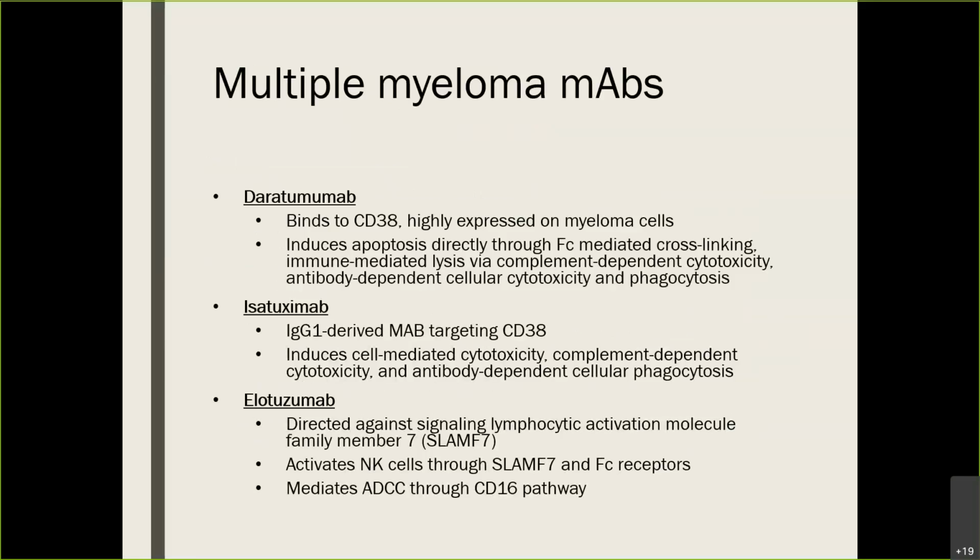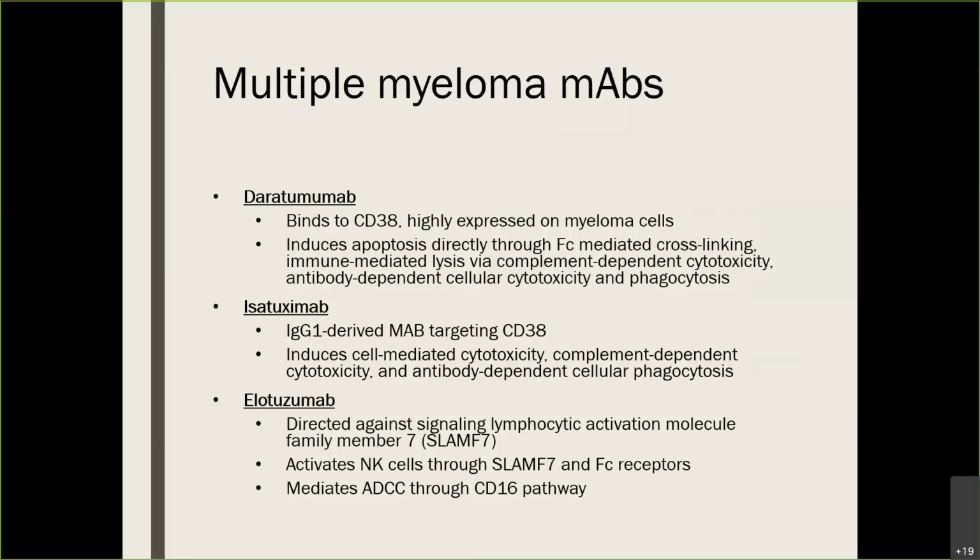Moving on, for time purposes, I have 3 approved monoclonal antibodies for multiple myeloma, 2 of them targeting CD38. The biggest winner here is daratumumab. This is the agent that's really taken over the myeloma space, binding to CD38, inducing direct apoptosis via cross-linking, immune-mediated cytolysis via complement, as well as antibody-dependent cellular toxicity.